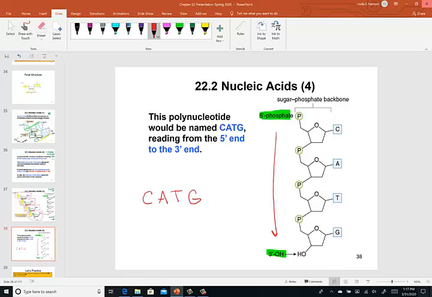CATG. Now something else interesting, as soon as I see the letter T, the base thymine right here, I now know that this is a strand of DNA because thymine is unique to DNA. T is replaced by uracil in an RNA molecule.